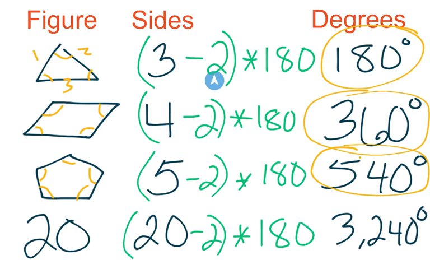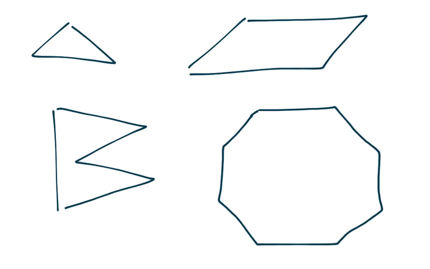Now, we said 3 minus 2 was 1, 4 minus 2 was 2. Let's take a look at why we were doing that. Well, we have three sides on our very first figure. We have one triangle here. What happens when we take our four-sided figure and we break this into triangles?